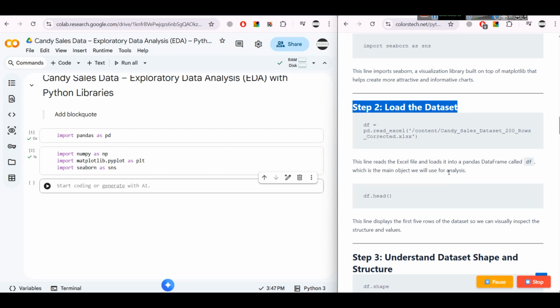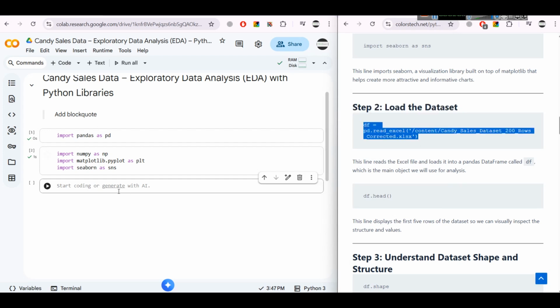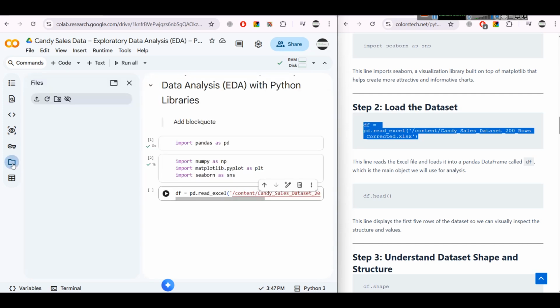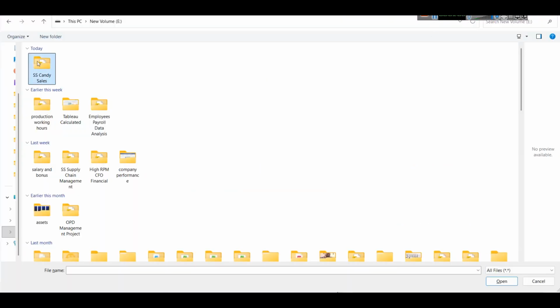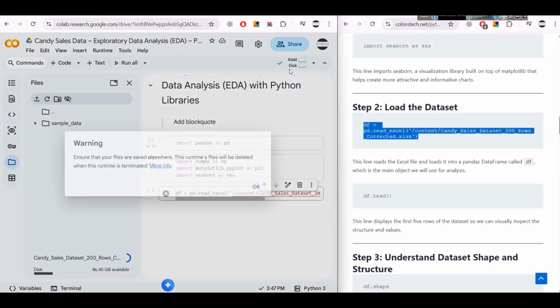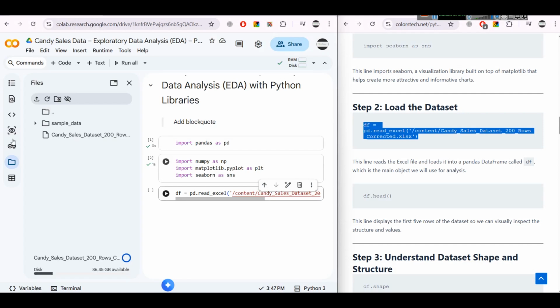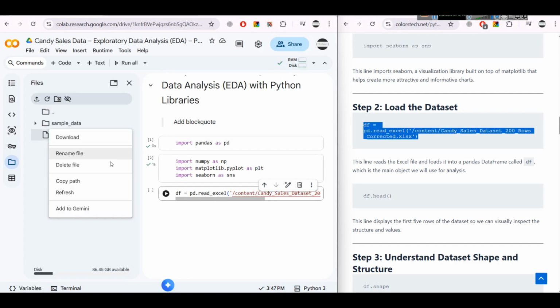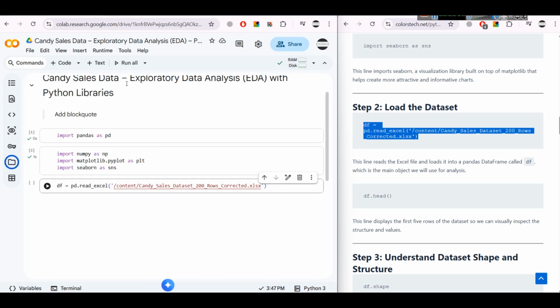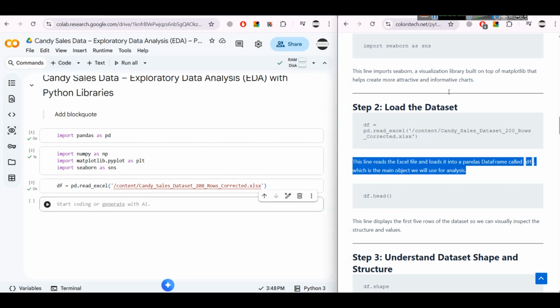Step 2. Load the dataset. This line reads the Excel file and loads it into a Pandas data frame called df, which is the main object we will use for analysis.